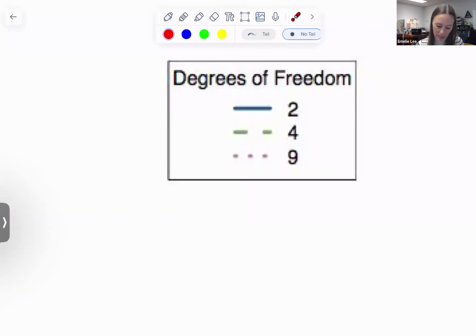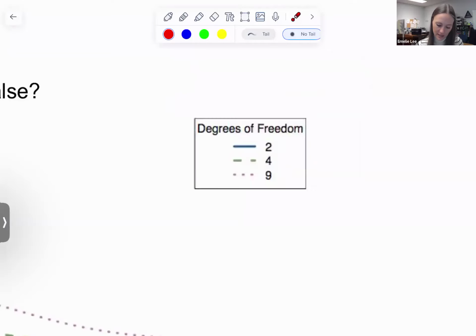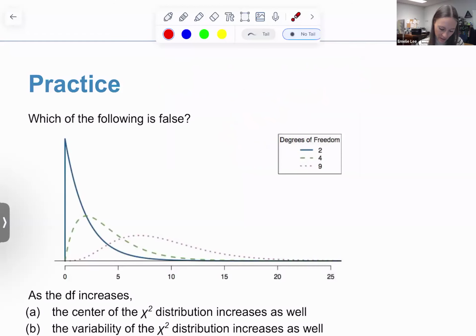Let's talk about how the solid line to the dashed line to the dotted line changes. The solid line looks like this, 2 degrees of freedom. Very smushed up against 0, and then basically an exponential decline.